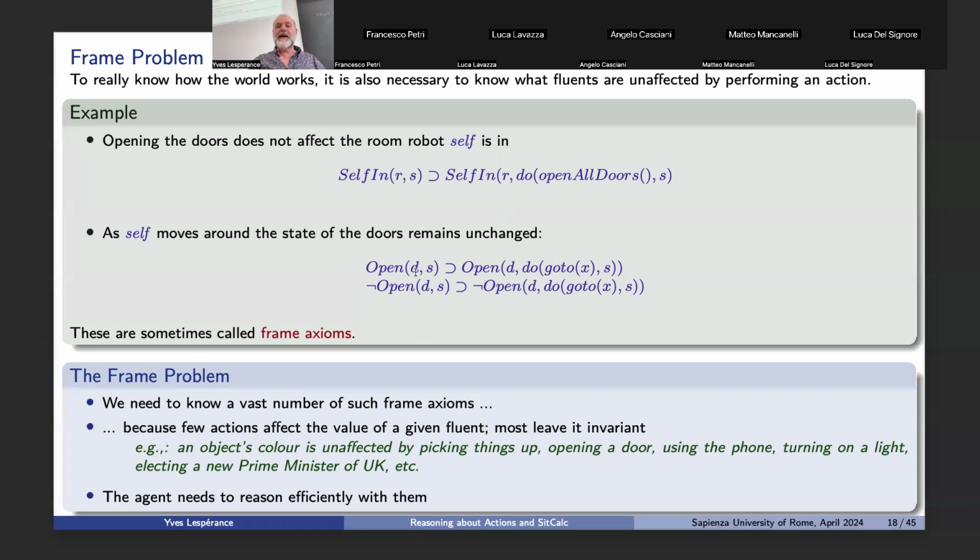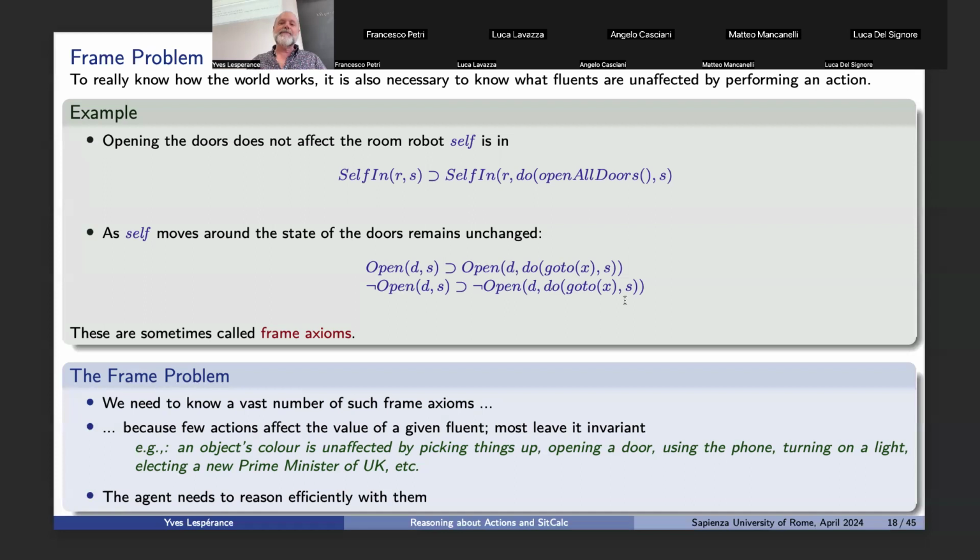This one says that if a door D is open in S, then if the agent goes to X, door D is still open. It's not affected. And if it's not open, it's still not open. These are usually called frame axioms. They're a little bit like effect axioms, but they say what doesn't change.